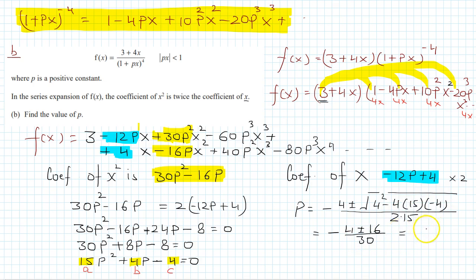So it can be written as minus 2 plus minus 8 over 15. So p is equal to minus 2 minus 8 is minus 10 over 15, or, if it is positive, 8 minus 2 is 6 over 15.